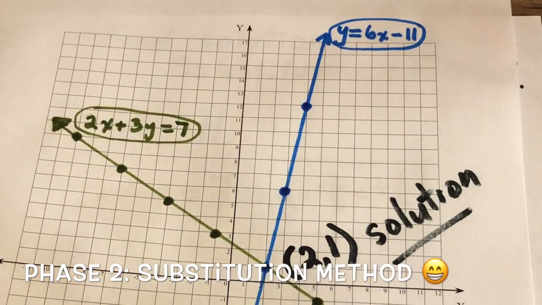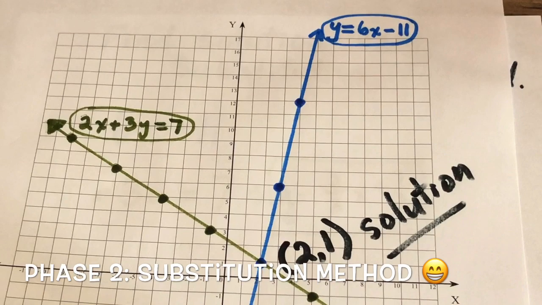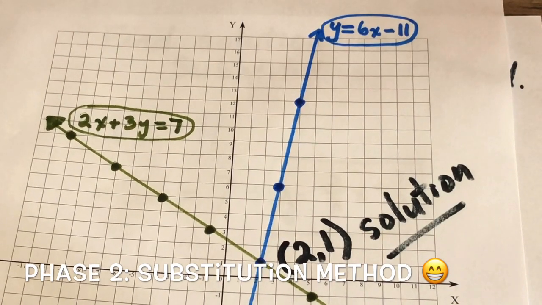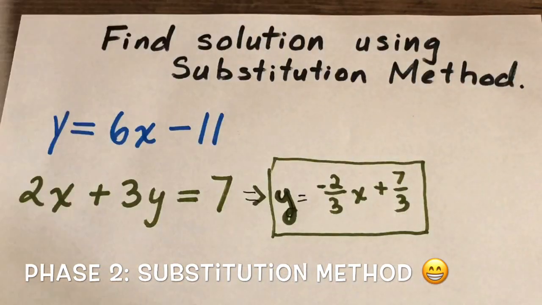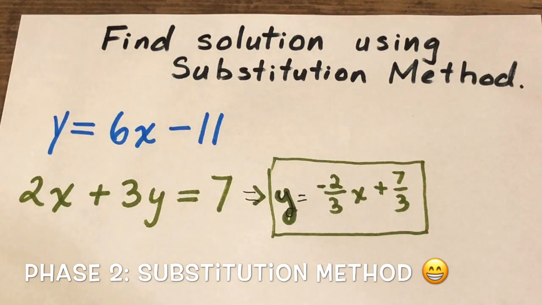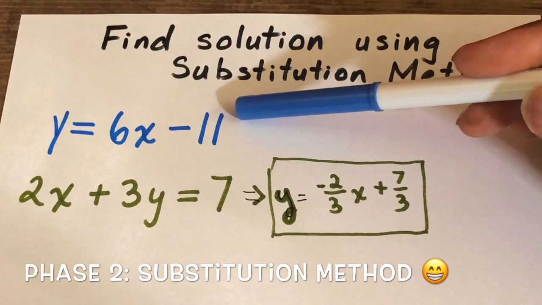Here we found our solution using graph paper, or by graphing and plotting the coordinates. But what happens when you don't have the graph paper? All you have are the equations. One of these equations is in the form of y equals mx plus b. That's this one up here.